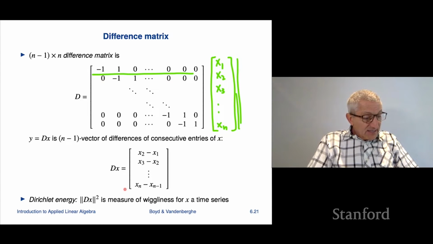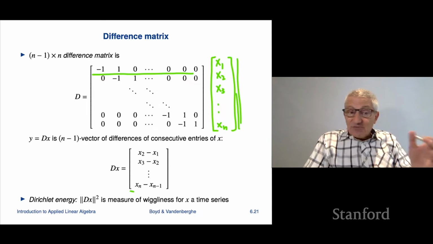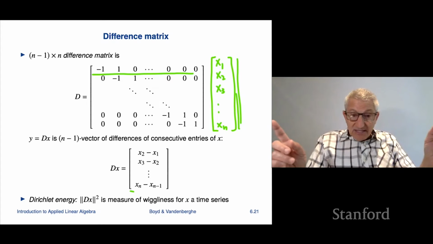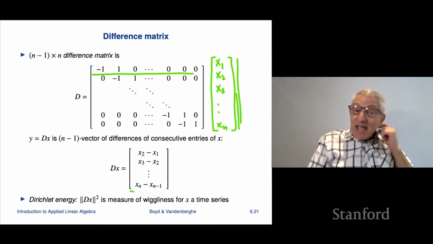So what you're going to get is this. Dx is x2 minus x1, then x3 minus x2 because of this here, and so on. And you get n minus 1 of these, and you can see what this matrix does. It takes the first difference, if x is a vector, it simply takes the difference of consecutive entries, right?